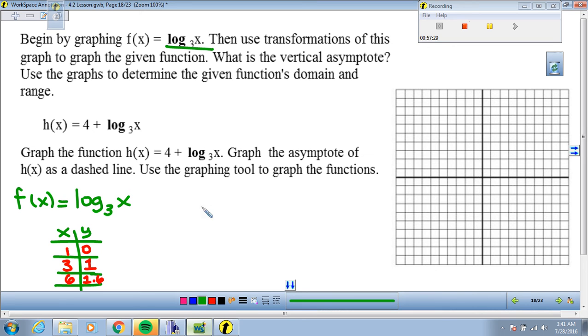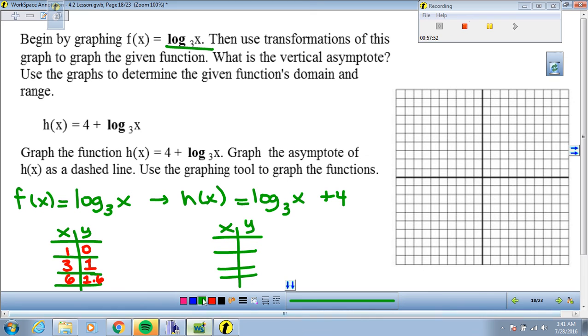There's only one transformation that I see that happened, and that's the +4. Now, if you want, let's send that number to the end. So you know it's a vertical shift. When the graph is shifting vertically, you know that what's changing is the y.